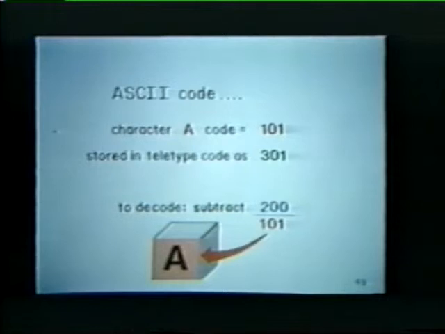Our A character has a code of 101. However, the teletype transmits in the teletype code. The A now has a code of 301. The character is stored in memory in this format and later changed back to the ASCII format by the computer program. An instruction in the program does this by subtracting 200 from the stored information.